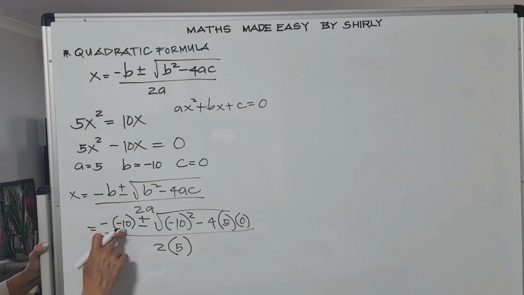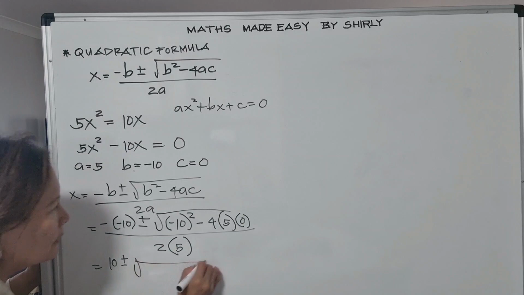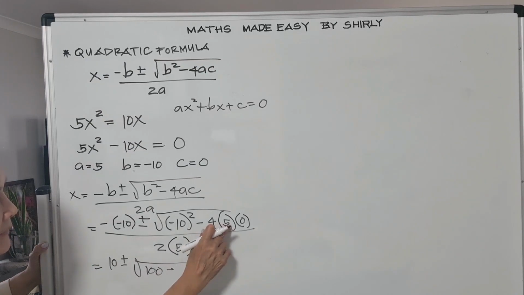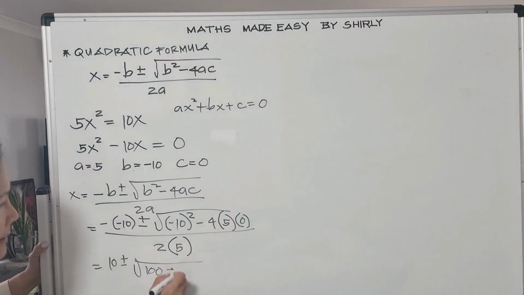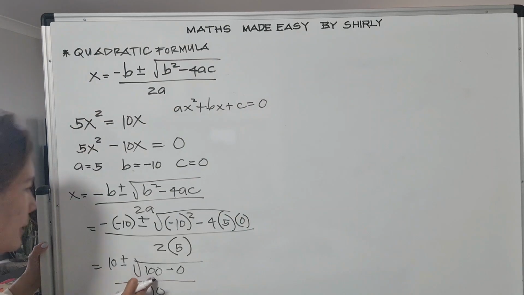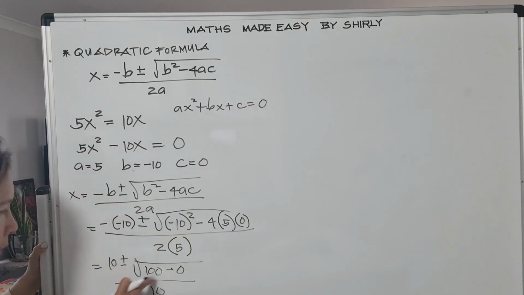Let's proceed. Negative followed by a negative becomes positive. So we have 10 plus or minus the square root of 10 squared, which is 100, minus 4 times 5, which is 20, times 0, which is 0, all over 10. We have 10 plus or minus the square root of 100, which is 10.